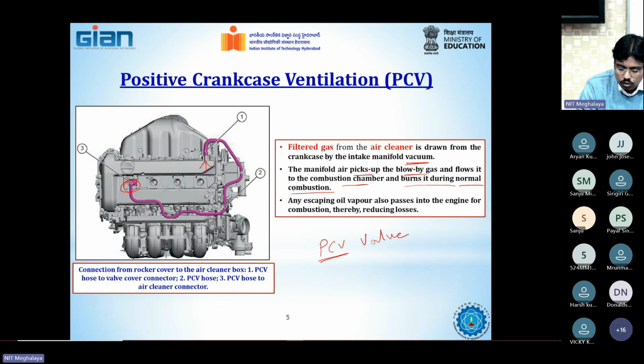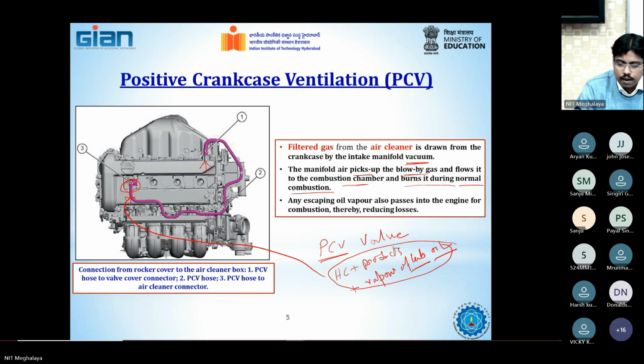So what happens is that these exhaust gases, which are incompletely burned hydrocarbon, some products of combustion, and some vapor of lube oil, not a very high quantity, only the vapor which has been created because of the high pressure, those contents will be supplied to the combustion chamber and burnt.